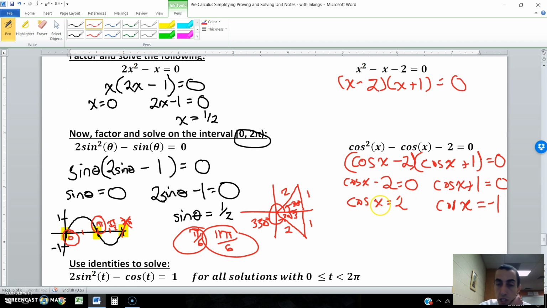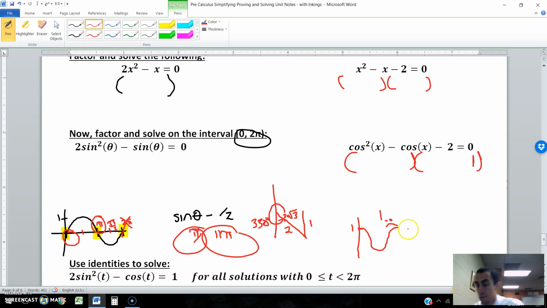And then ask myself, which angle has a cosine value of 2? Well, looking at the cosine graph from 0 to 360, or from 0 to 2 pi, the max that it reaches is 1. The min that it reaches is -1. Therefore, there is no angle that has a cosine of 2.